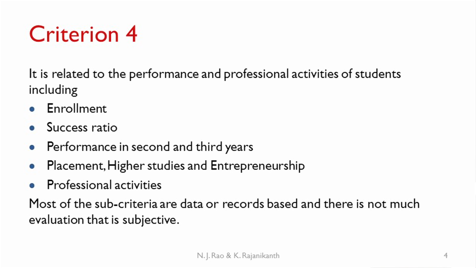Here you need to note that most of the sub criteria of criterion 4 are data or records based, and there is not much evaluation that is subjective. There are one or two items that are subjective, but most of the information is in the form of data or records.